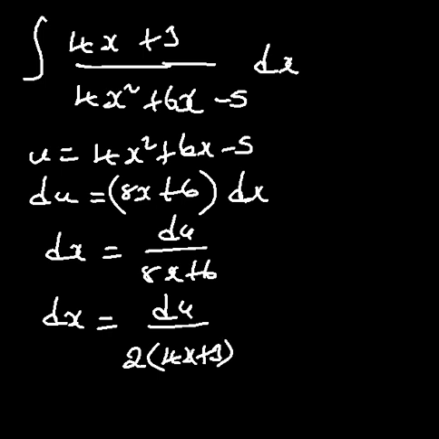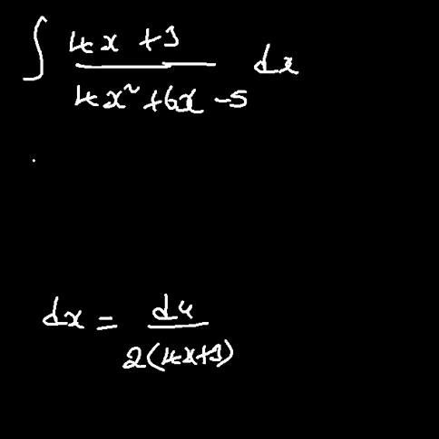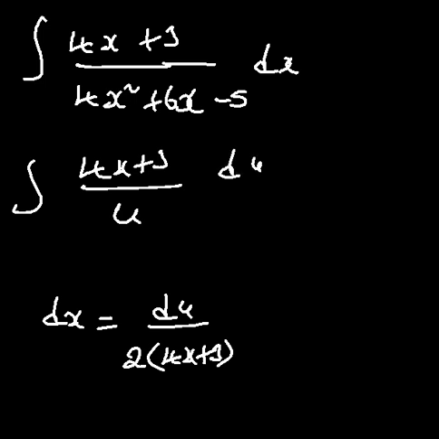Then substituting, we have the integral of (4x + 3) divided by u, times du over 2(4x + 3).